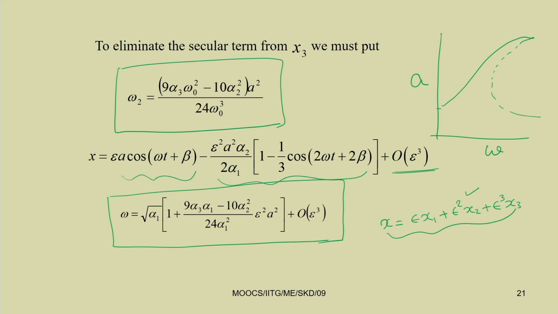Here the response amplitude goes on increasing, and you can see you have multiple solutions. For example, this is one solution, this is another solution, and this is another solution.